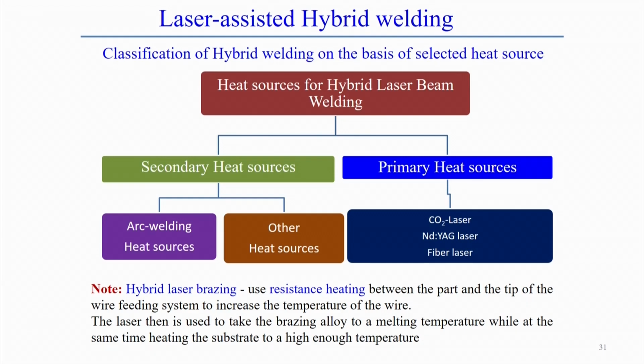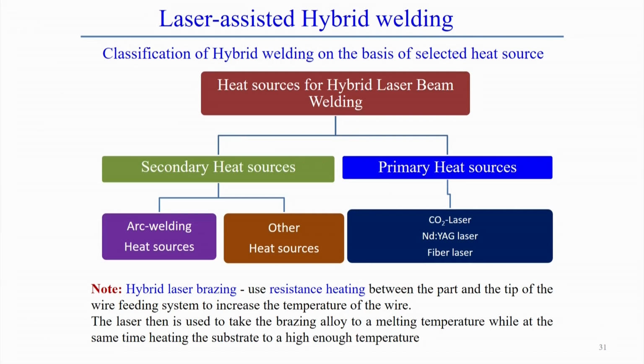That means it is a basic laser welding process. The secondary source can be arc welding processes that we have already discussed, such as GTAW, gas tungsten arc welding, gas metal arc welding, and mainly plasma arc welding processes. These are the main processes used in hybrid laser welding systems. But other types of heat source can also be used in laser assisted hybrid welding processes.